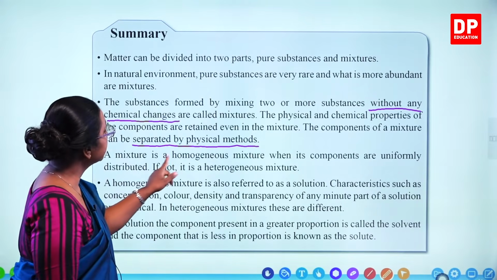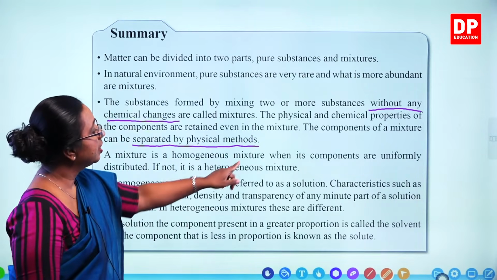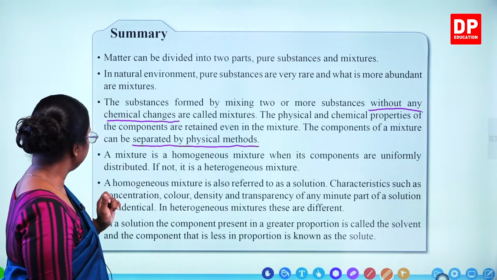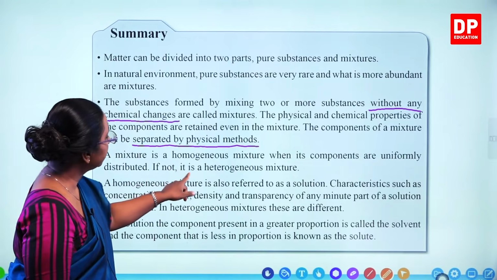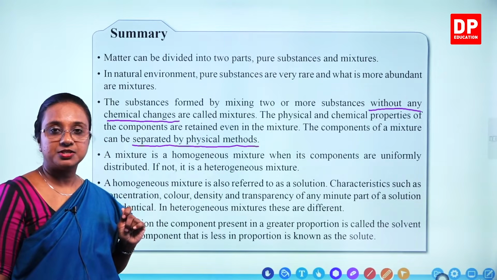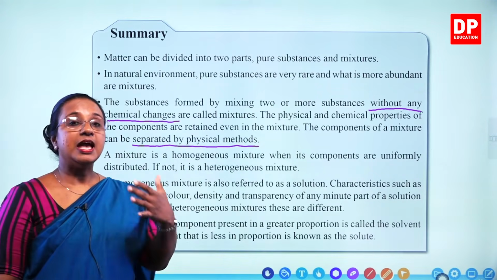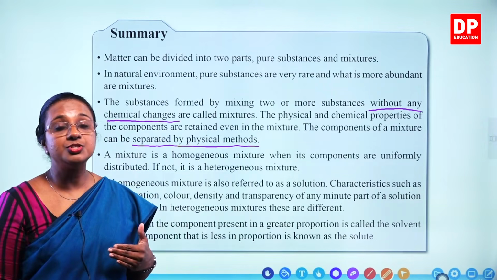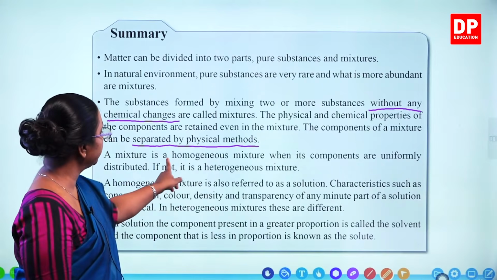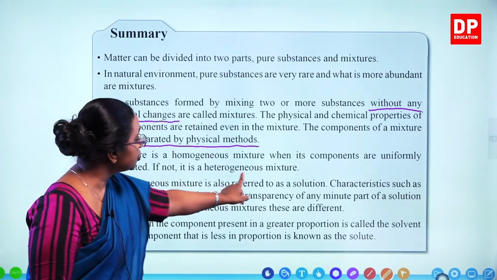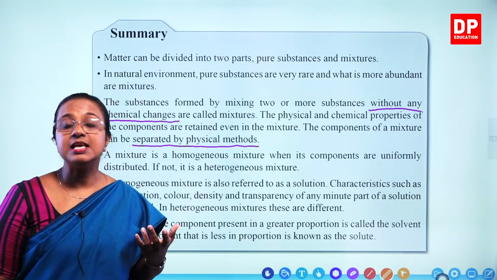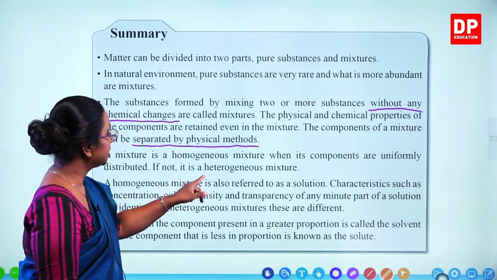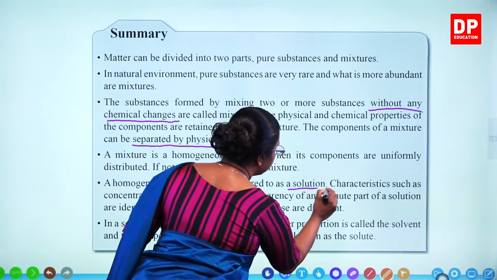A mixture is a homogeneous mixture when its components are uniformly distributed. If not, it is a heterogeneous mixture. If the composition and the distribution of components is uniform throughout the solution or the mixture, we call it homogeneous. If it is not uniform, then it's known as a heterogeneous mixture. A homogeneous mixture is also referred to as a solution.